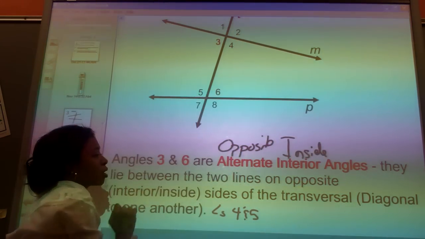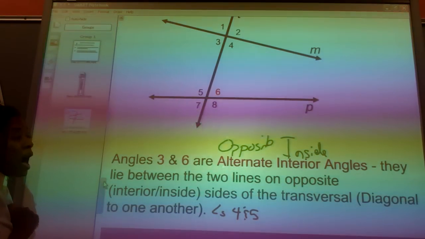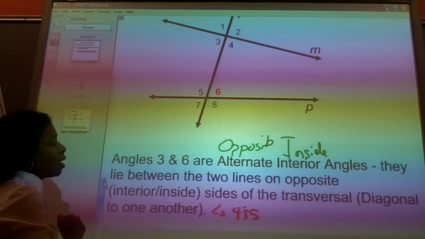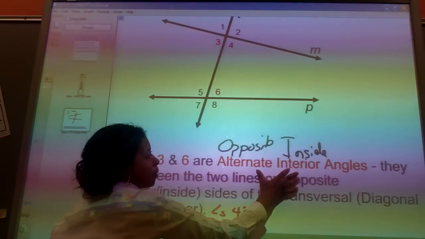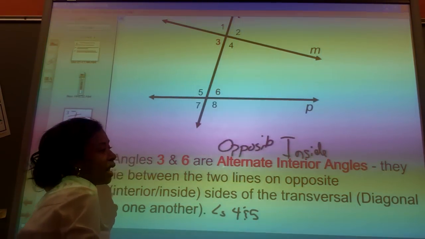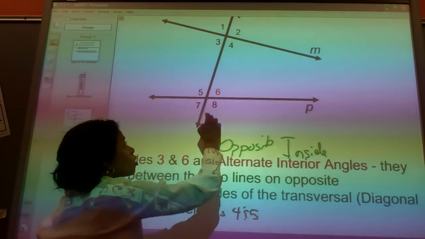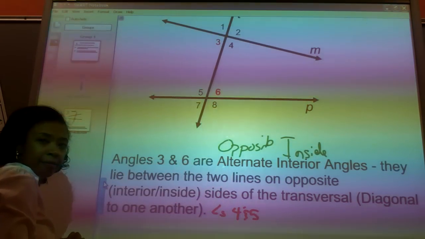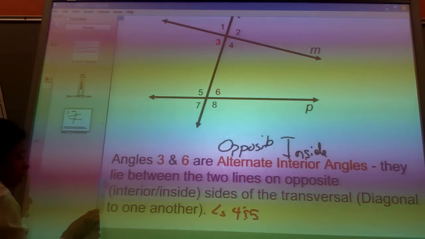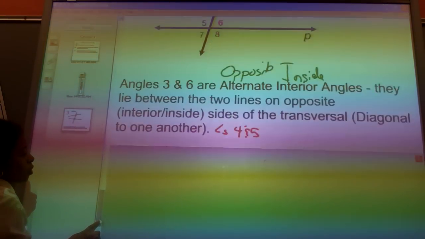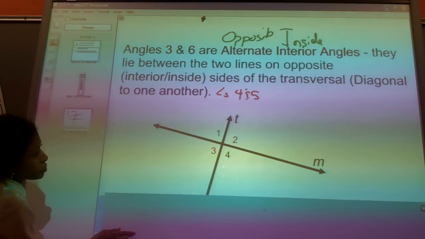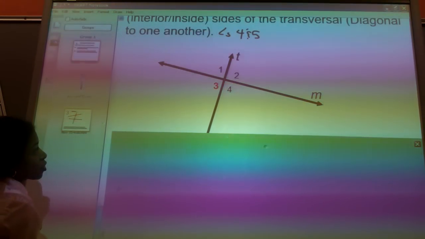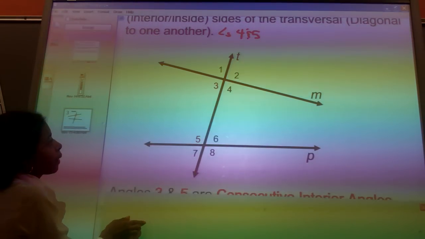They're diagonal to one another. So you may hear me say opposite or diagonal. The other pair of alternate interior angles would also be 4 and 5. Angles 4 and 5.